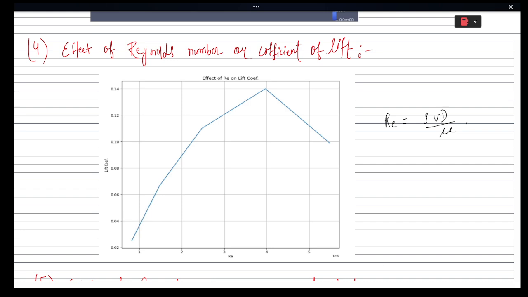If I say what happens as Re increases, then at low Re the lift coefficient increases steadily because the flow is stable and smooth. At a critical point, the flow becomes turbulent. After this, the lift coefficient starts to decrease.